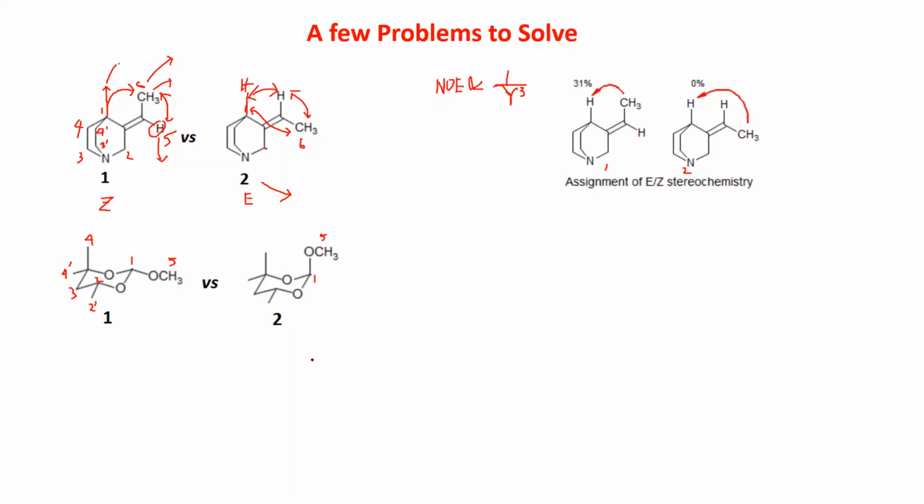If you go much away, your interaction will be decaying, less. So if you consider 4 and 5, you see the distance here is far away, so you will not see any impact.